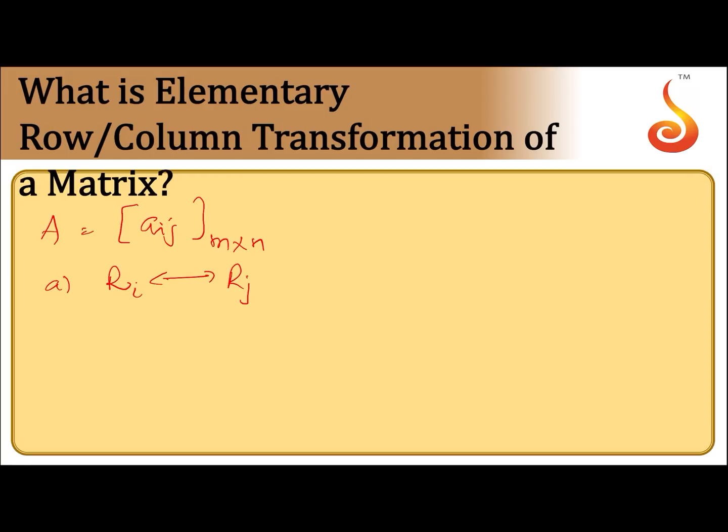The ith row and jth row can be interchanged, or the ith column with the jth column. It's called elementary transformation, interchange of any two rows or any two columns.